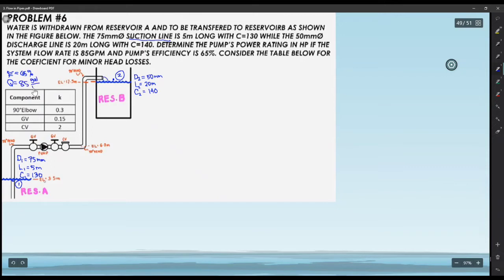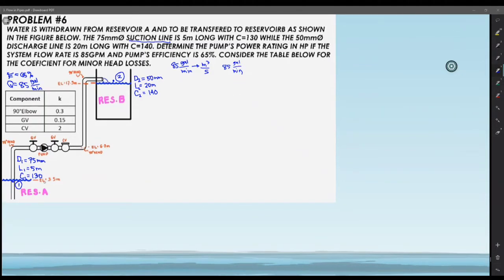gallons per minute. Okay, so mas maganda i-convert muna natin yung ating discharge. So yung 85 gallons per minute, dalhin natin to cubic meter per second. Okay? So again, 85 gallons per minute. So unahin muna natin yung kanyang numerator or yung gallon. So ano nga yung conversion natin ng gallon to cubic meter?